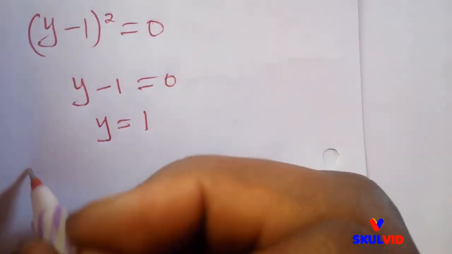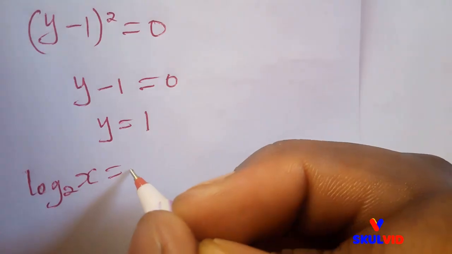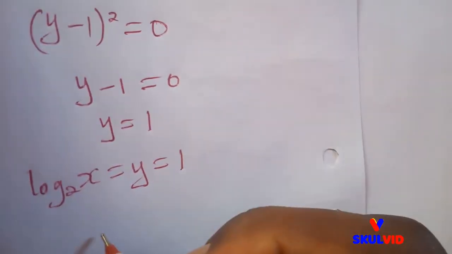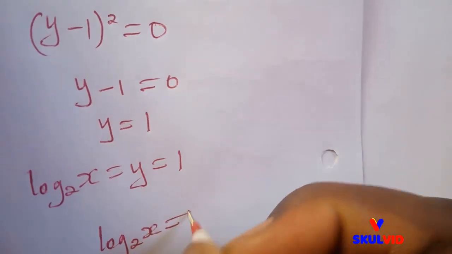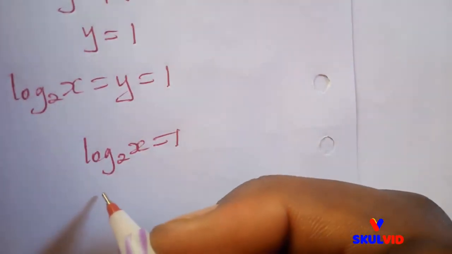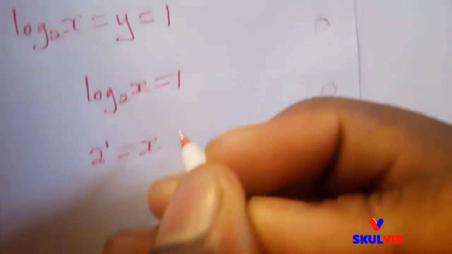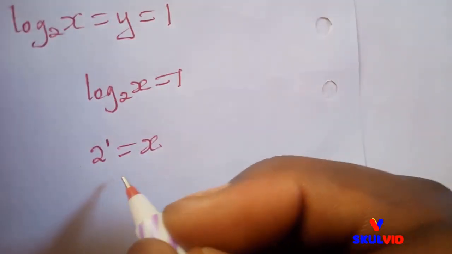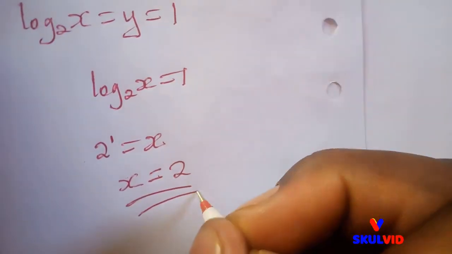So log 2 to base x equals y, which is equal to 1, meaning that log 2 to base x equals 1. And this means that 2 raised to power 1 is equal to x, which implies that the value of x is equal to 2.